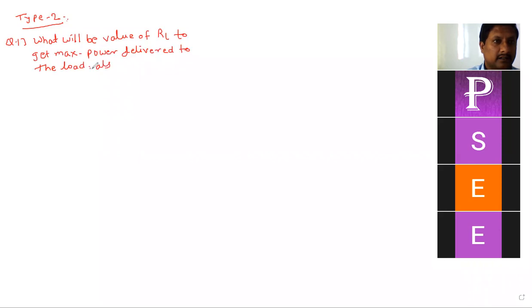And also find PL max. Same question is there. The different wordings they are going to use. RL's value, find out current and PL max.